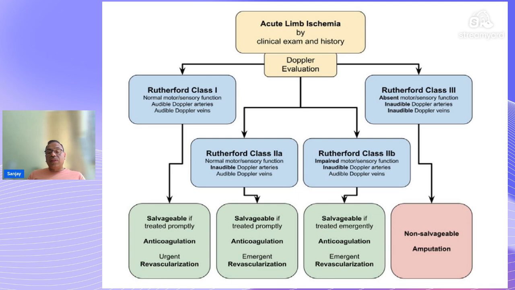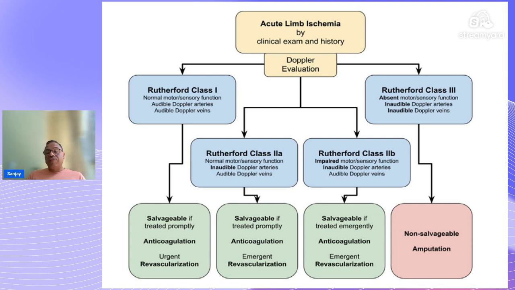If it is Rutherford class 2B, there is impaired motor or sensory function, inaudible Doppler arteries, but audible Doppler veins, the limb is still salvageable if treated emergently. Immediate anticoagulation and revascularization should be done.